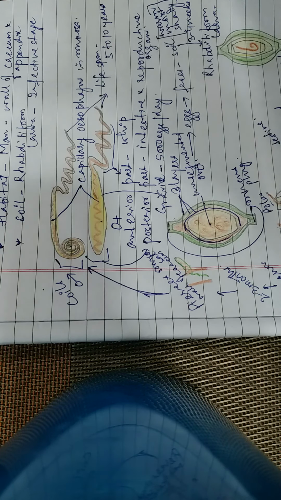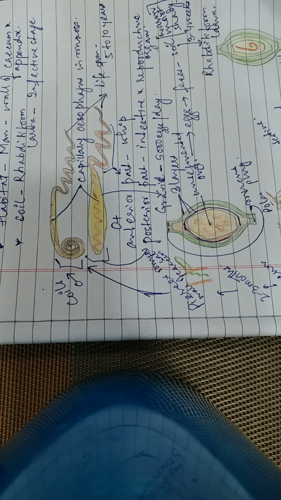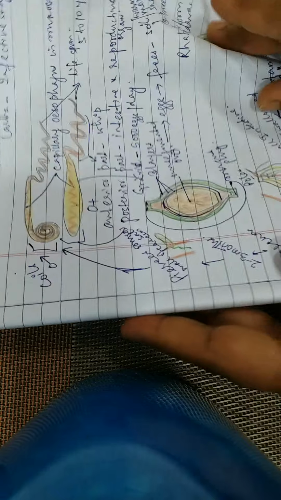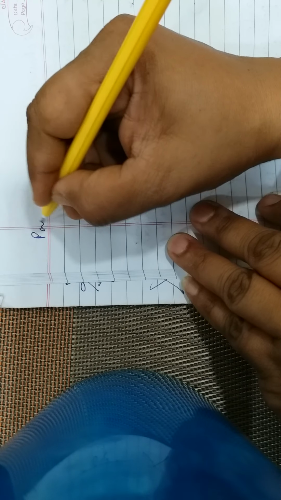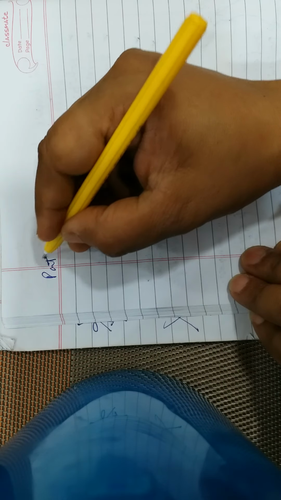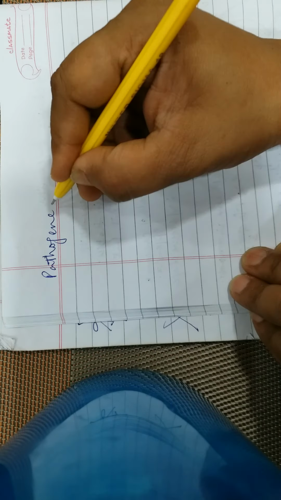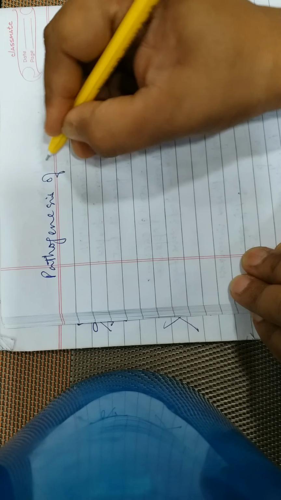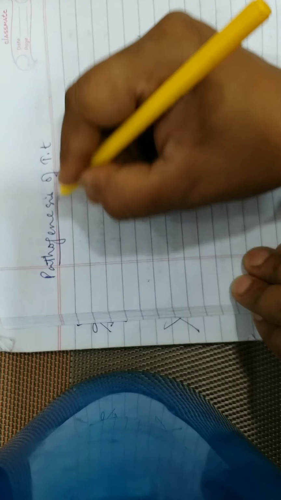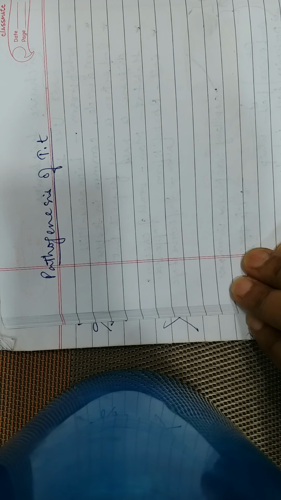Now about the pathogenesis. Pathogenesis of Trichuris trichiura, as we have already mentioned, infection is very common, but the disease due to this Trichuris is very rare to be seen.